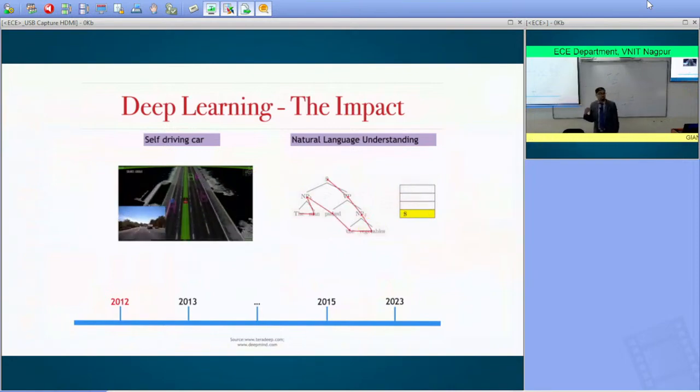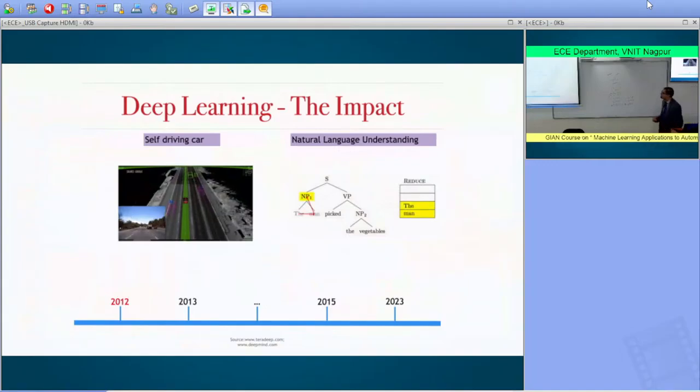Now, if you go to San Francisco and a few other cities in the US, they actually have these self-driving cars running on the streets. For natural language understanding, there were significant improvements in 2015, 2016, and so on. But in 2022, we saw these large language models that have a really good understanding of natural language. They can interact with you just as humans would.